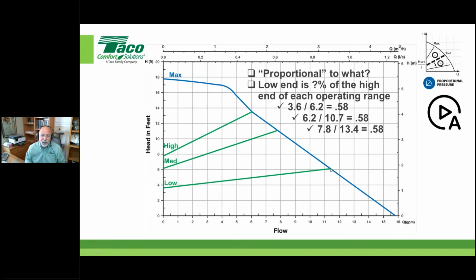So it drops from here down to here in a ratio of 58%. So you can always know what the proportion is just by looking at the performance curve data or the documentation from the manufacturer. It's pretty helpful in understanding what it is.